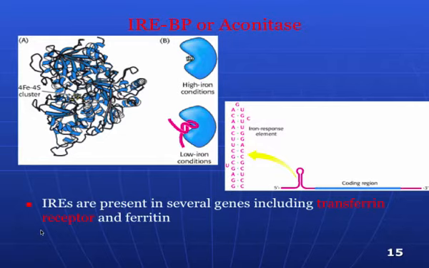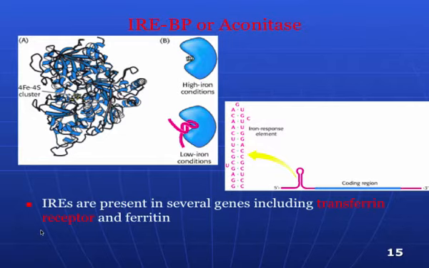Now this is how iron response element binding protein can change to aconitase or vice versa. Here's a ribbon structure of a protein. This protein, for example, is wrapped around the 4 iron 4 sulfur cluster, so this would be an example of aconitase structure.